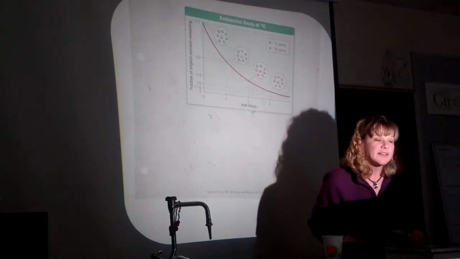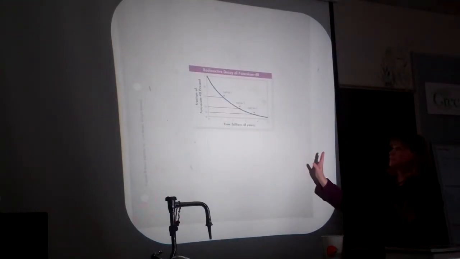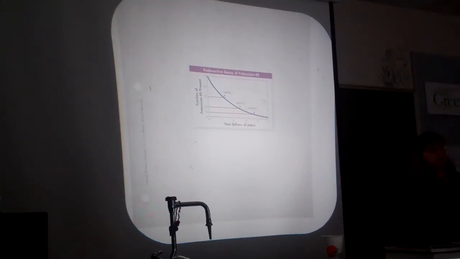Okay, that is carbon-14. Let me show you another graph. Same thing, very similar looking. You've got a line going down. We're not talking about carbon-14 anymore, we're not talking about C14. Now we're talking about something called potassium-40. Potassium-40 looks a lot like carbon-14. It's radioactive, but it's not carbon.